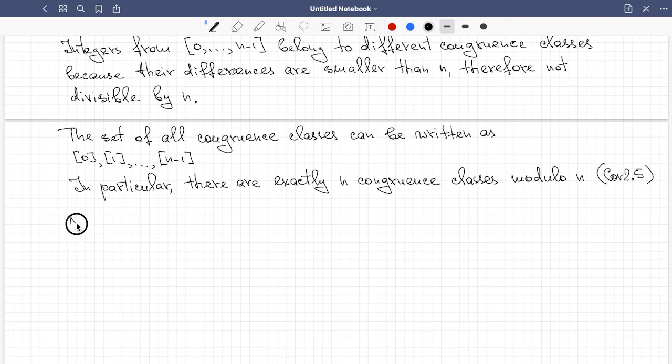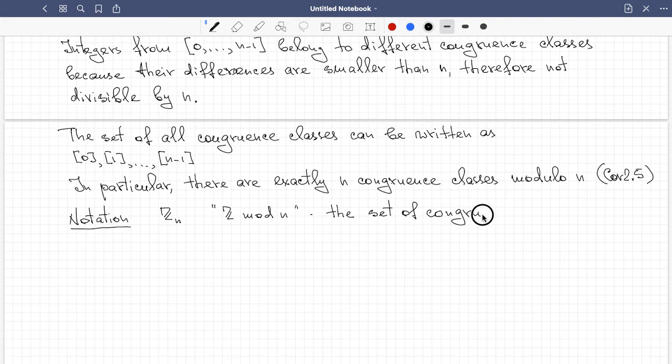We introduce a notation for this set: Z sub n, which I will read as Z mod n, the set of congruence classes modulo n.